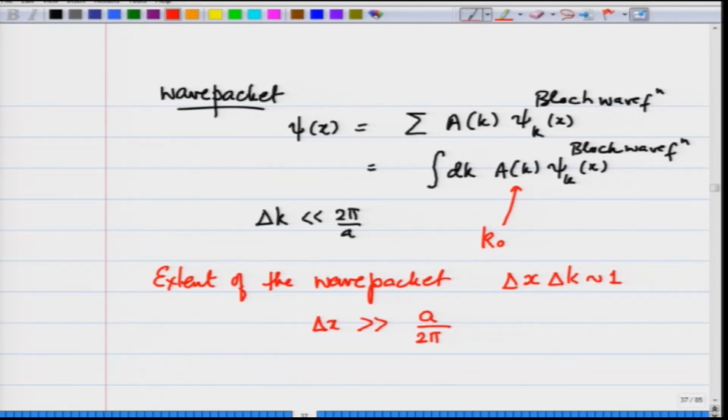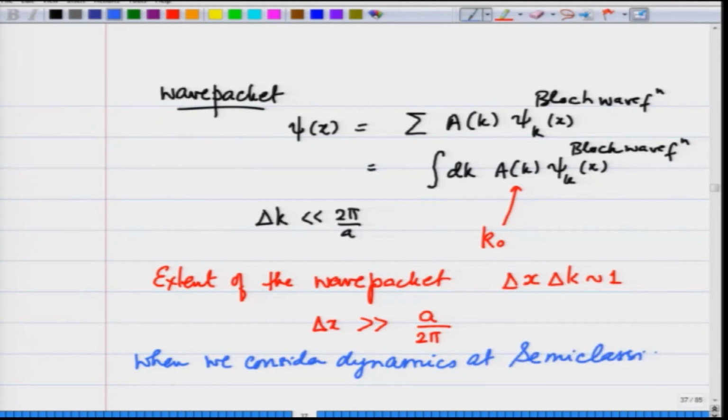And what that means is, when we consider dynamics at the semi classical level, a wave packet is spread over many crystal constants or crystal sites.